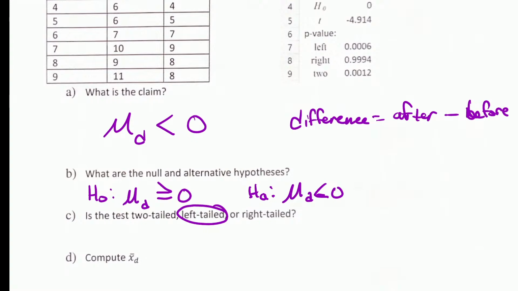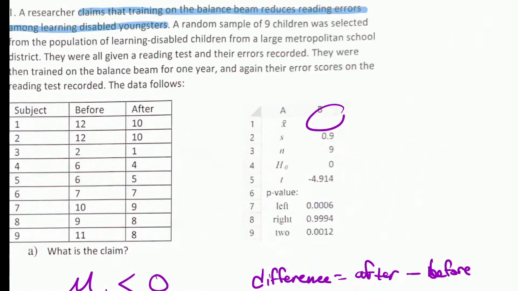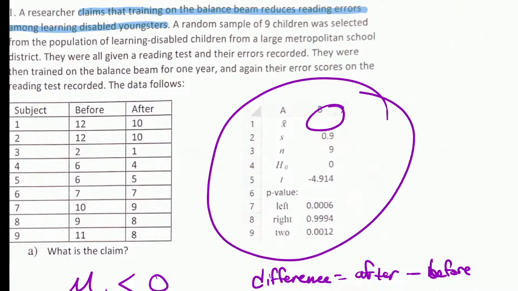Next, we're going to compute the average difference. I didn't put it in here, but this is just our hypothesis test gold spreadsheet, the one with the single mean. So when you do this eventually on Newton, you're going to use your hypothesis test gold spreadsheet for single mean. And the way you're going to do this is you do after minus before.